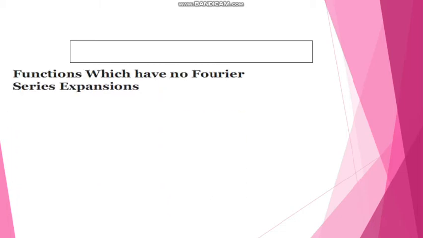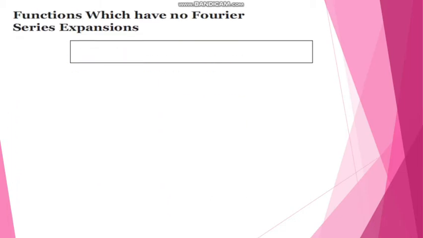Now one can see functions which have no Fourier series expansions. For example, the function sin inverse x that is defined on the interval -1 to +1. The length of the interval is 2, but it is not single valued. Hence, one can conclude that sin inverse x is not valid for Fourier series expansion.